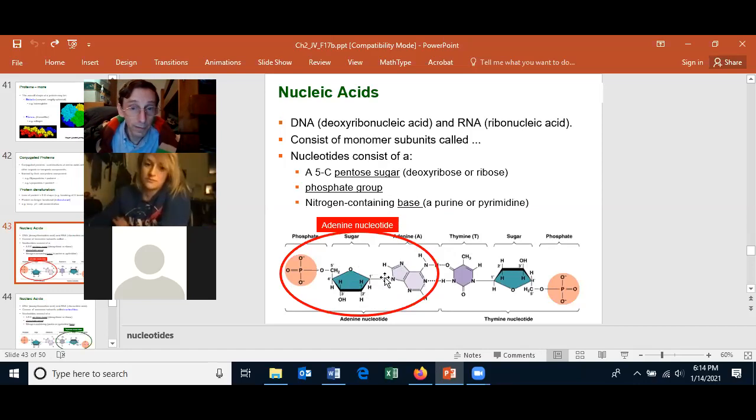The only difference is that deoxyribose has one less oxygen than ribose. And then the third unit of the nucleotide is a phosphate group. So all nucleotides are composed of these three units: a phosphate group, a sugar, either ribose or deoxyribose, and a nitrogen-containing base. Okay? Any questions about that?